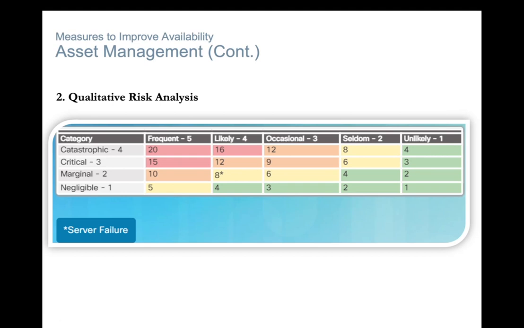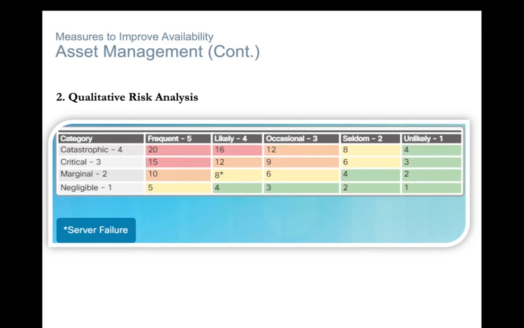So this method is subjective in nature rather than objective. These are the different risk analyses for the given asset management.